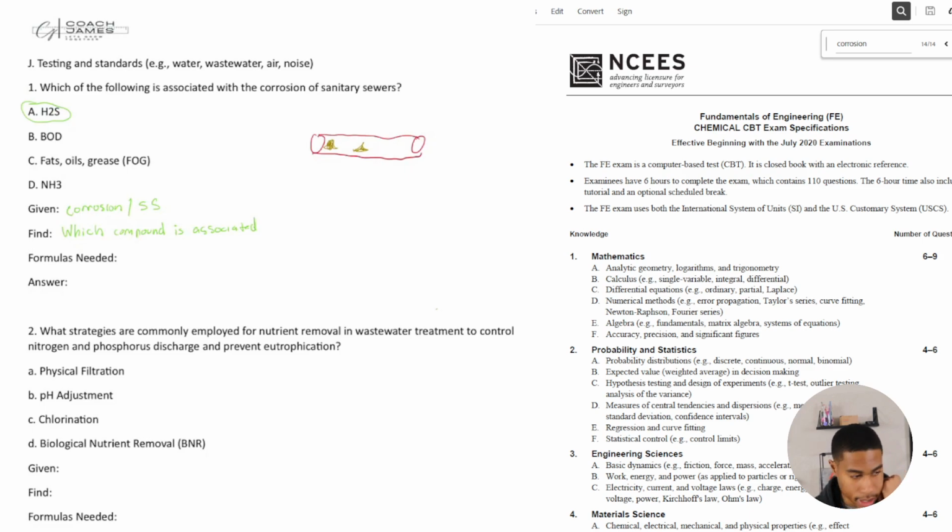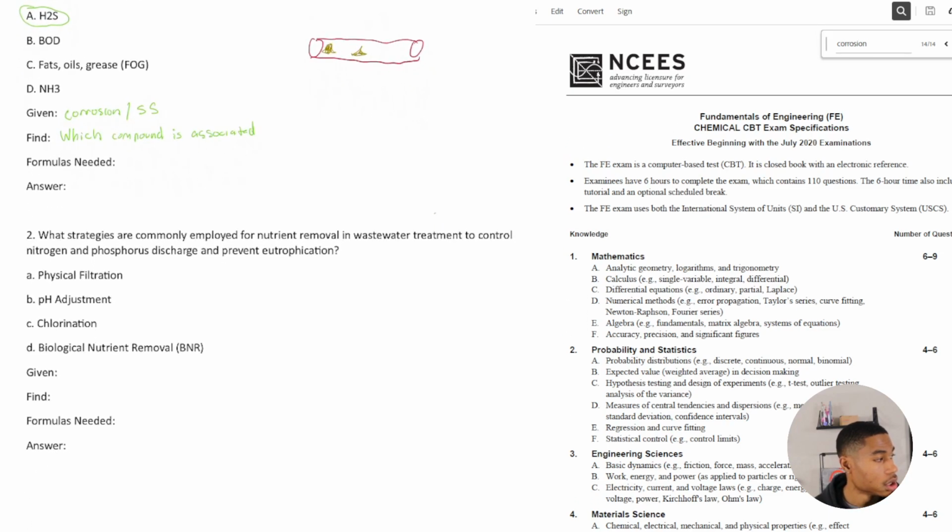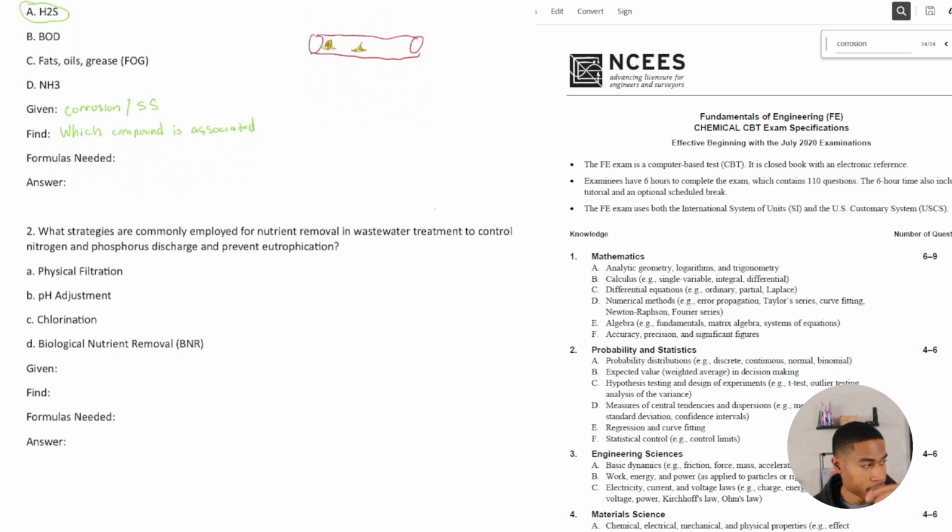All right, let's look at number 2. What strategies are commonly employed by nutrient removal in wastewater treatment to control nitrogen and phosphorus discharge and prevent eutrophication? Okay.